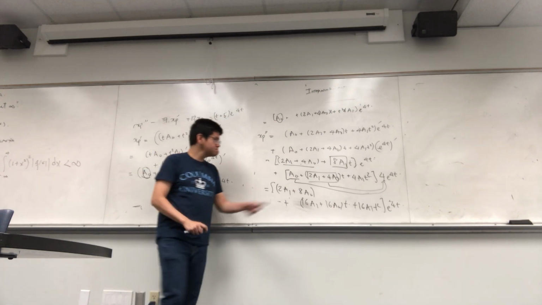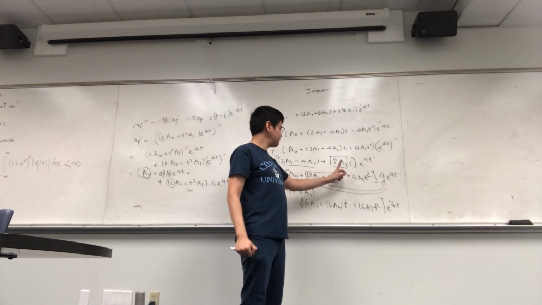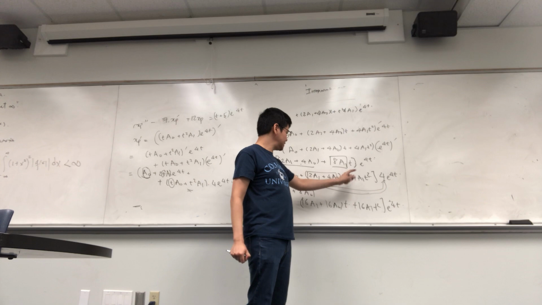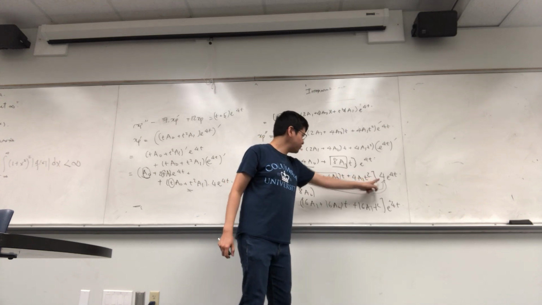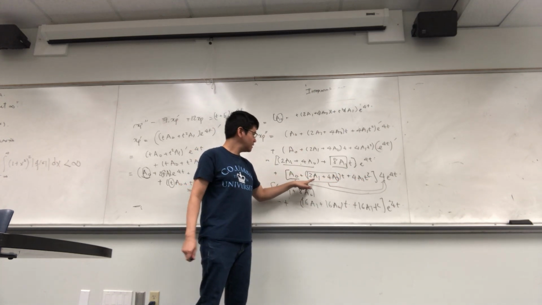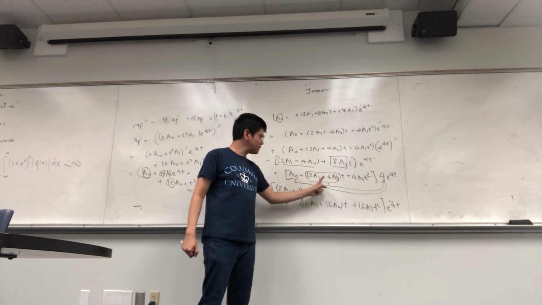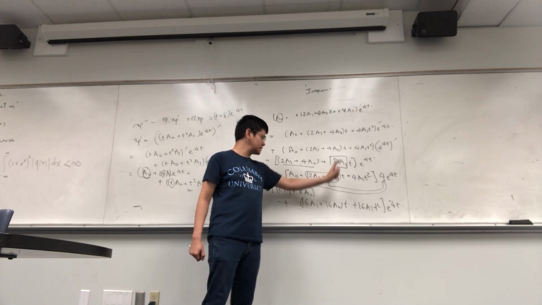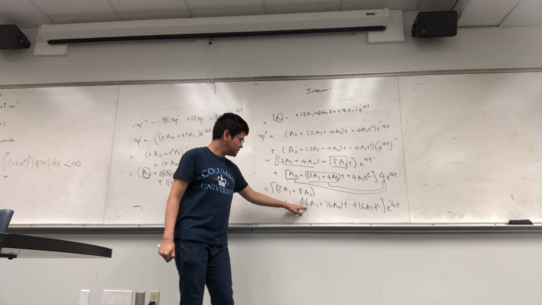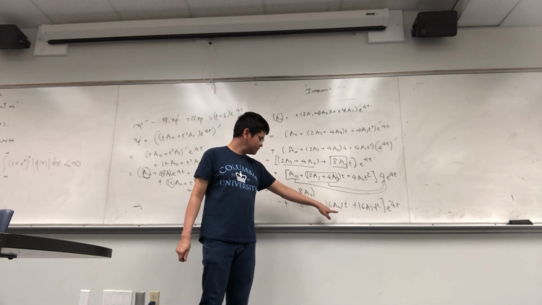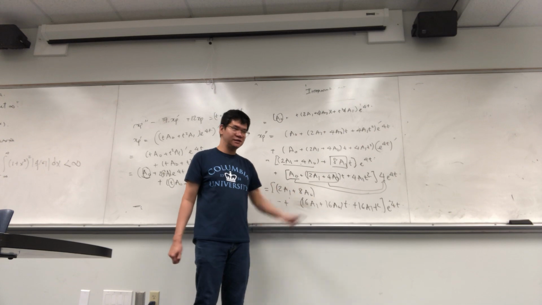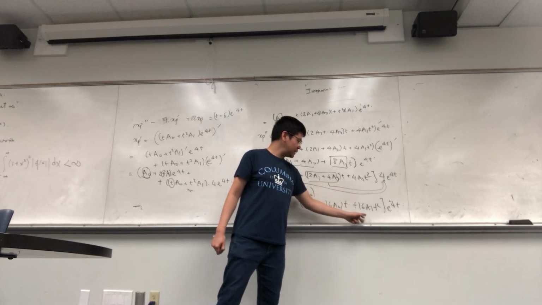This one I have 8 times a1 t plus 4 times this guy. So 4 times this guy is 8 times a1 plus 16a0 plus 8 times a0. So I have 16a1 plus 16a0. And this constant, I put it there.